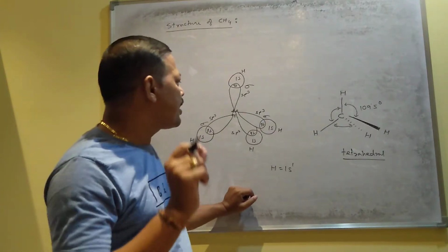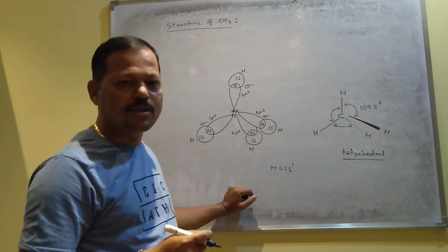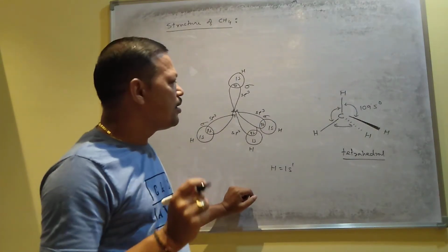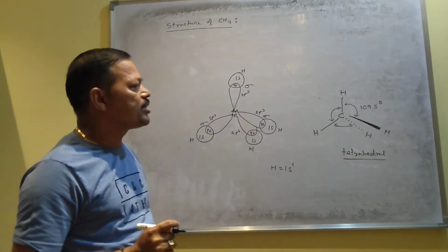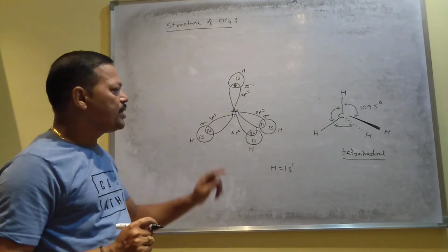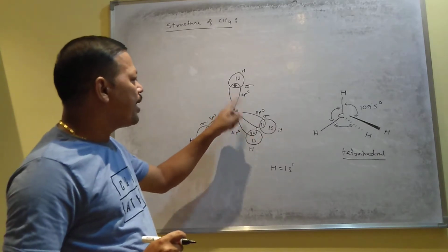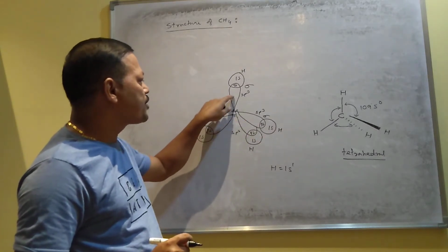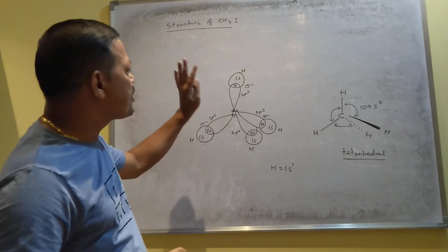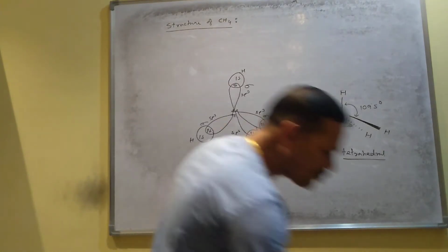In all alkanes the carbon atom undergoes sp3 hybridization, whether it is methane, ethane, propane or butane. So this is the structure of methane. Methane produces 4 bonds this way by overlapping between the sp3 orbital and the 1s orbital of the hydrogen atom. So this is sp3 hybridization.